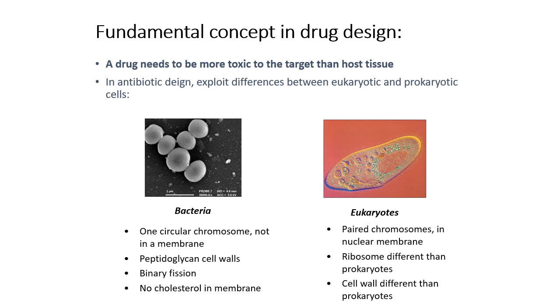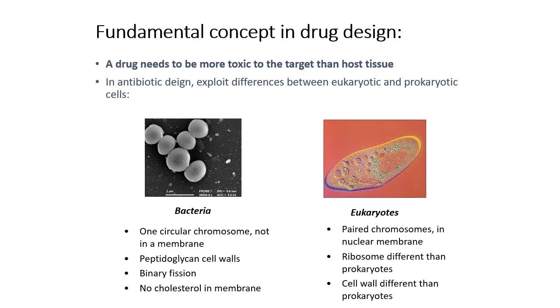Eukaryotes, which are what we're made of, well, the non-bacterial parts of us, of course, have paired chromosomes, 46 chromosomes, 23 pairs, which contain almost all the genetic material, that's not all, but most of it, and it's contained within the nucleus.